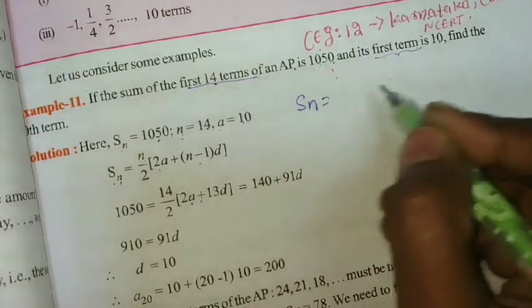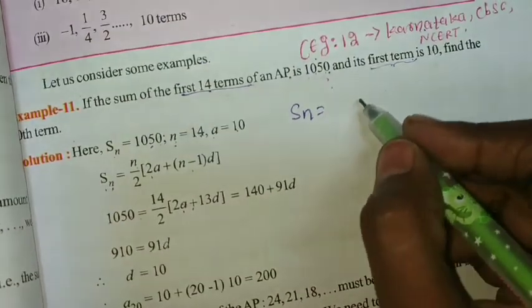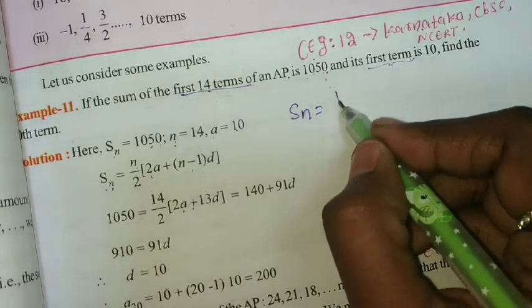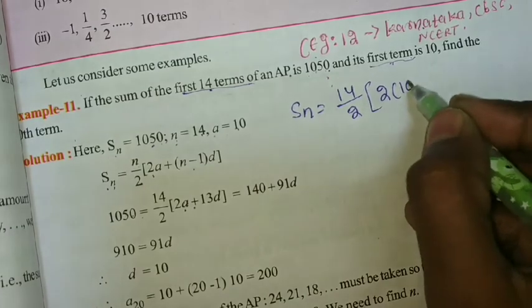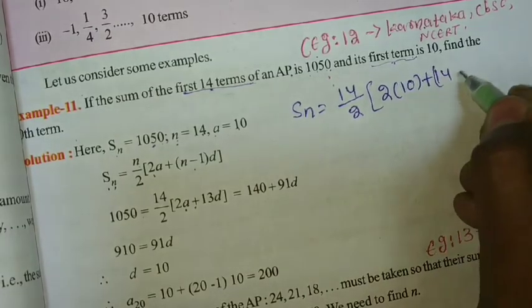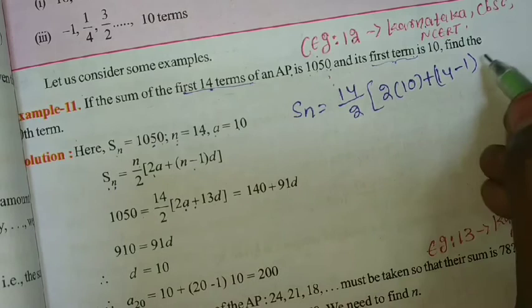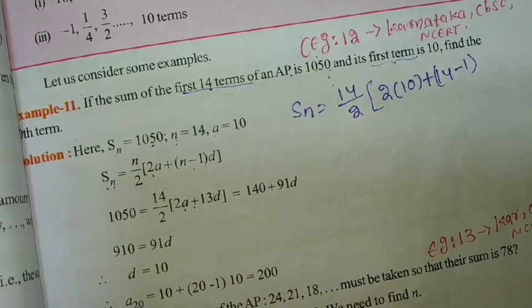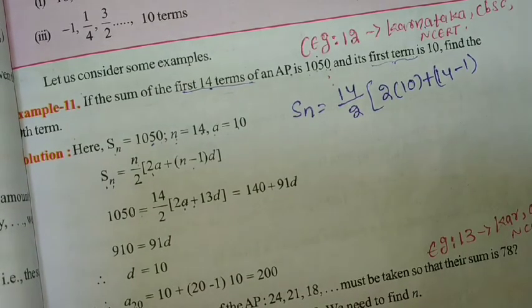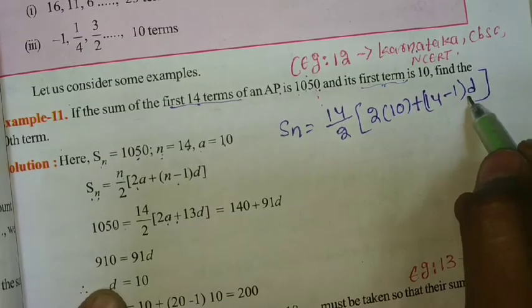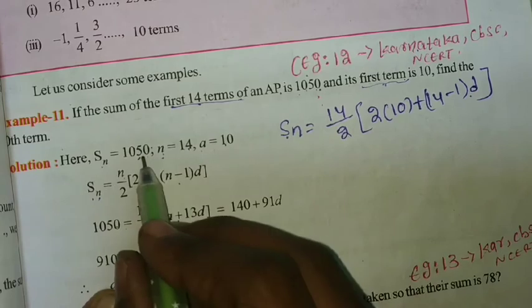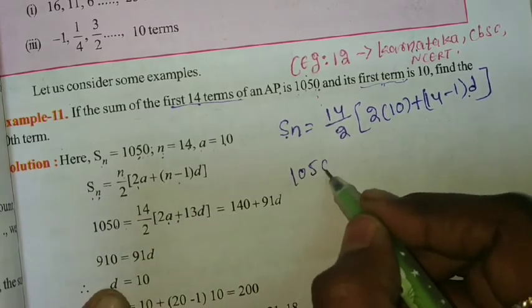Sn is equal to, what is n? n is 14. 14 divided by 2 into 2 times 10 plus 14 minus 1 into d. We need to find the common difference d here. So what is Sn? Sn is 1050. I forgot to write it here.